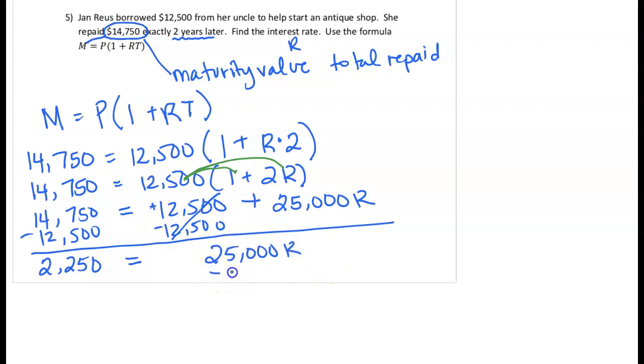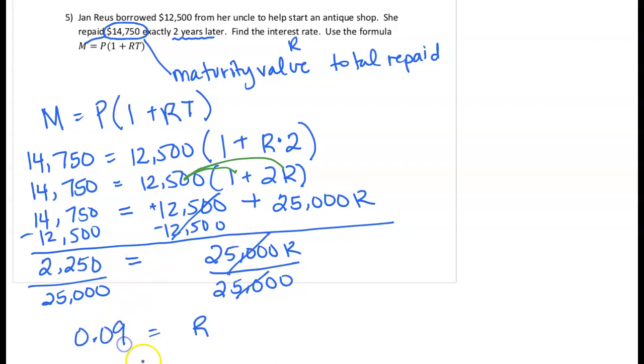To finish, let's divide both sides by 25,000 to get that R variable alone. On the right-hand side, we have just the R. On the left-hand side, we get 0.09. And then we're going to work the same thing. We're going to change 0.09 into a percent.